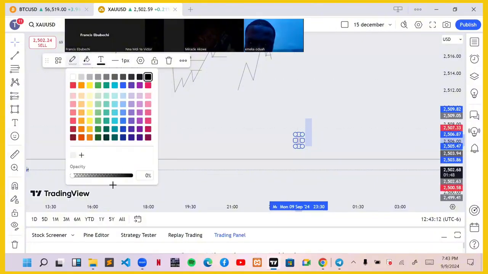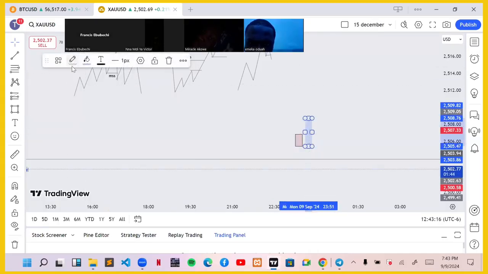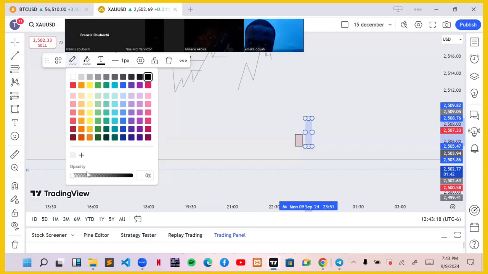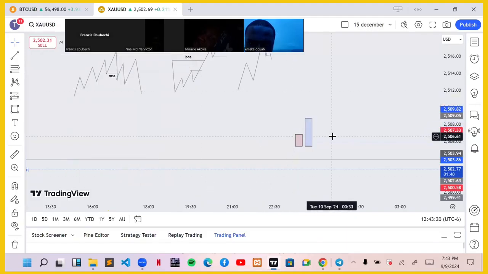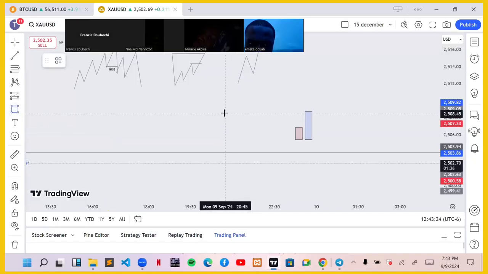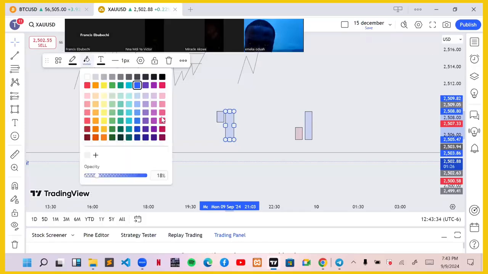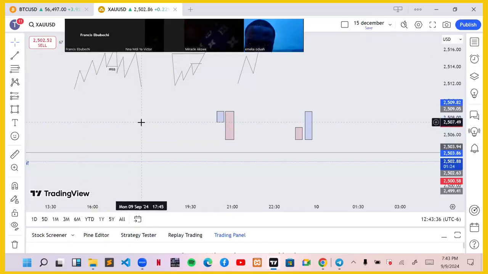In case you're looking for buys, this is what a bullish order block looks like. And for a bearish order block, you see a bullish candle, then you see a bearish one engulf it. This is what a bearish order block looks like when you're looking for sells.